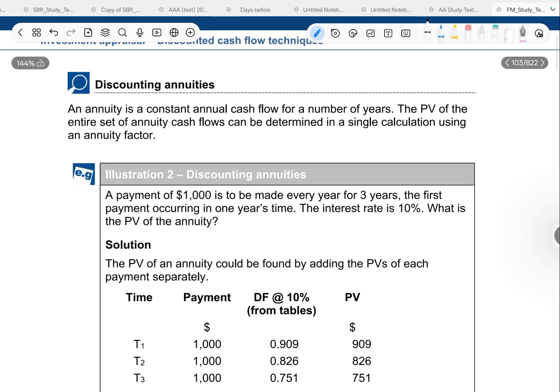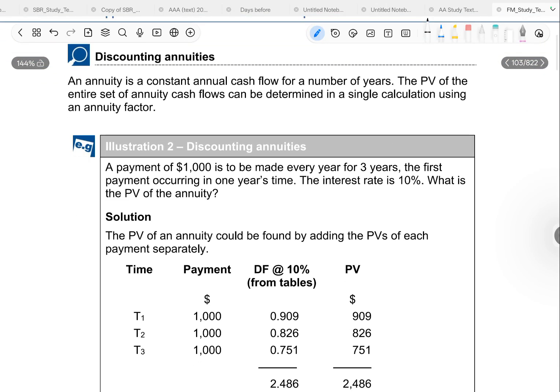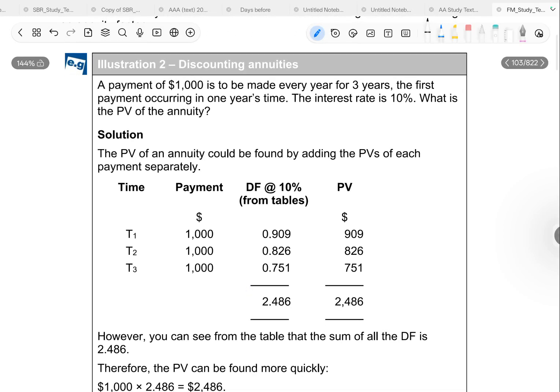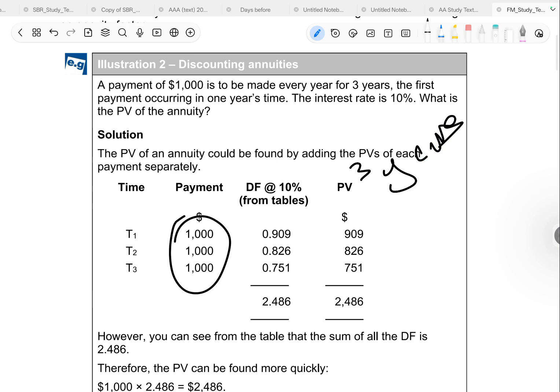Now, let's quickly have a look at discounting annuities. Sometimes a project generates the same cash flows for every year. Let's look at this example. The same cash flow of $1,000 is being generated for 3 years. Instead of discounting each payment separately, we can use something called an annuity factor.